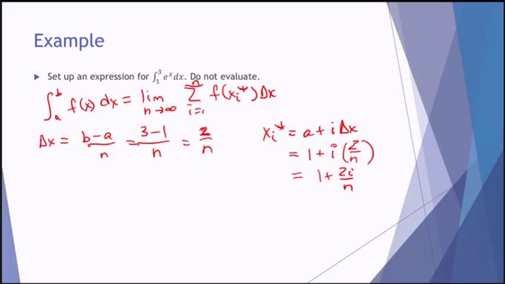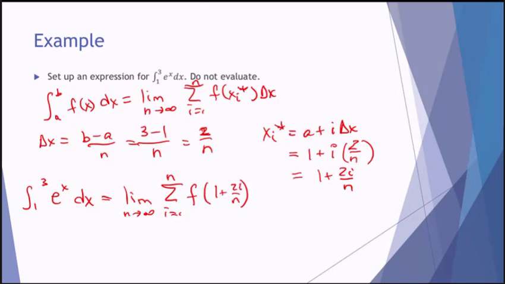So when we set up our integral from 1 to 3 of e to the x dx, we'll have the limit as n approaches infinity, the sum from i equals 1 to n. We need the function evaluated at x sub i star, which we just said was 1 plus 2i divided by n, times delta x, which is 2 over n.